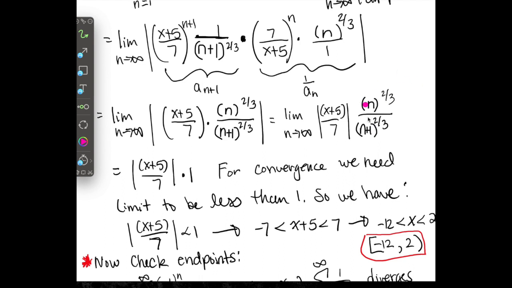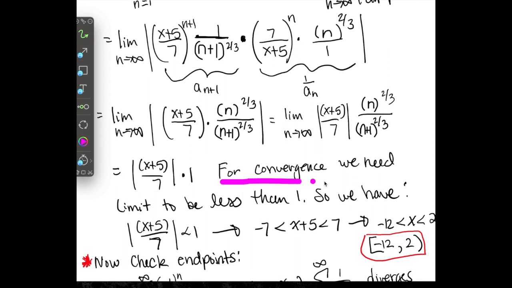So we're not going to get negative values here. So when I take the limit of this expression as n goes to infinity, this is going to approach 1. So I'm going to be left with the absolute value of (x plus 5) over 7, and then times 1.